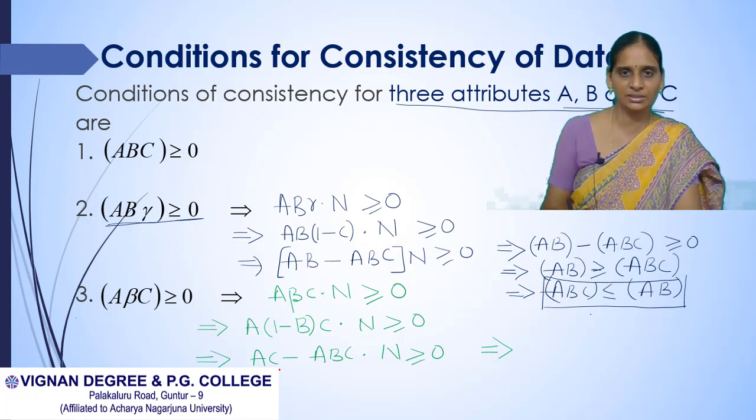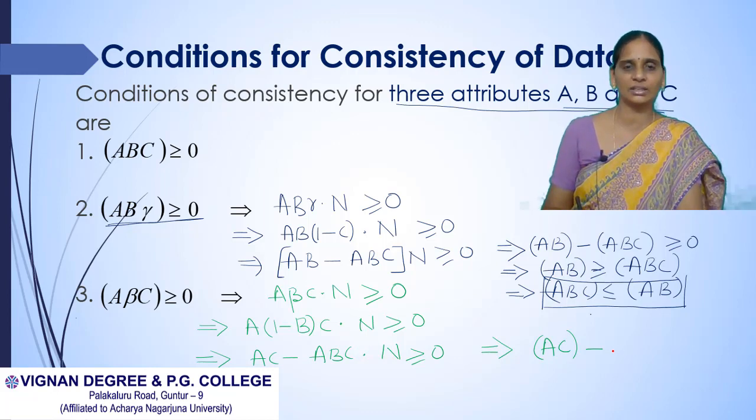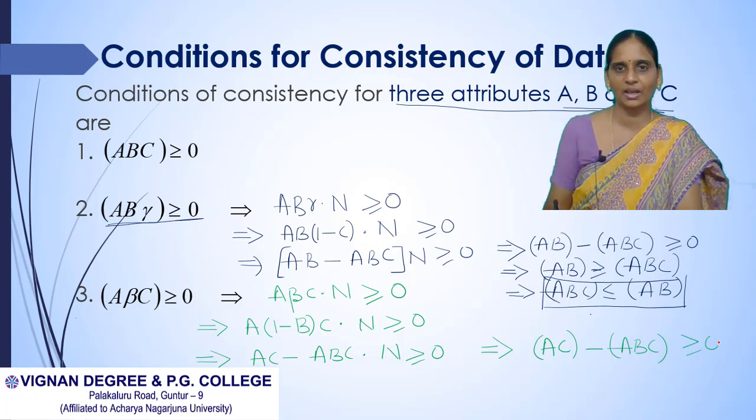In the next step, again this implies AC into N can be expressed as frequency of AC minus ABC into N. So this can be written as frequency of AC minus frequency of ABC, which is greater than or equal to 0.